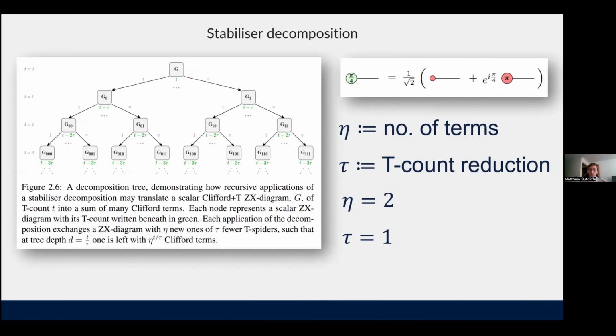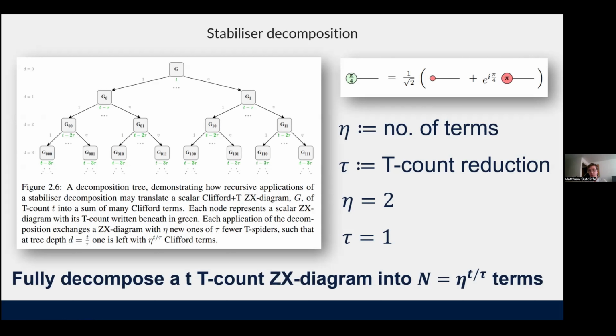So what this means is if you have a big Clifford T ZX diagram with a T-count of T, then you can keep iteratively applying this to reduce it into fully Clifford. So in the first case, you'd reduce it into 2 ZX diagrams that each have 1 fewer T-count, and then each of those gets reduced into 2 ZX diagrams with 1 fewer T-count. So you end up with this big decomposition tree where the number of terms you end up with grows exponentially.